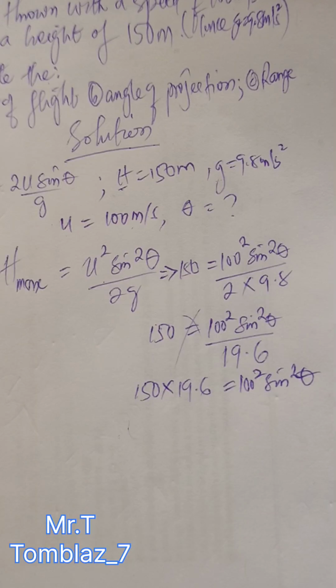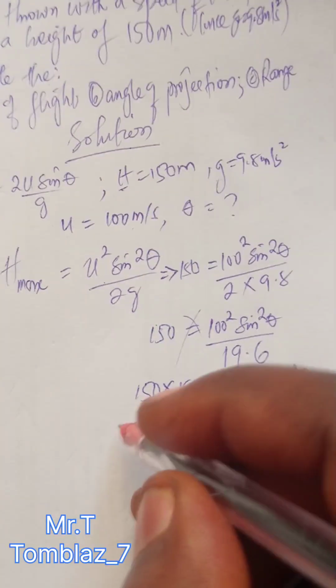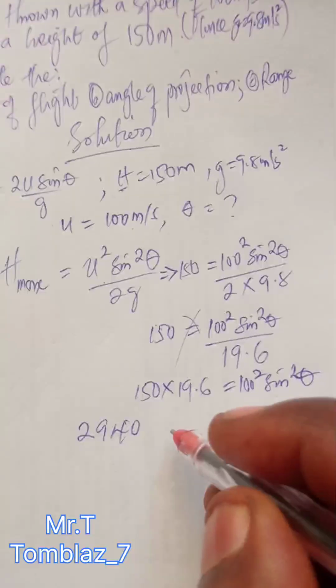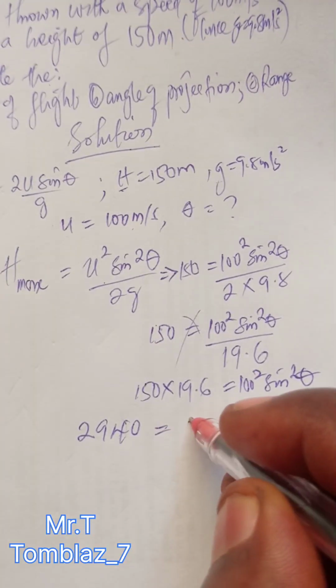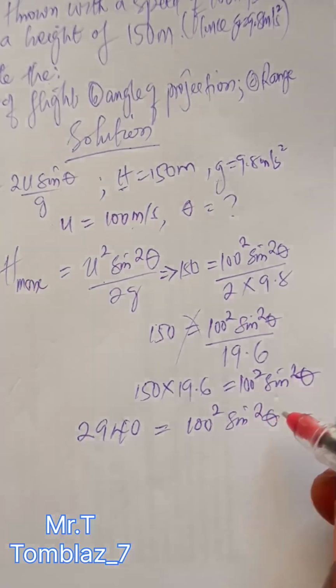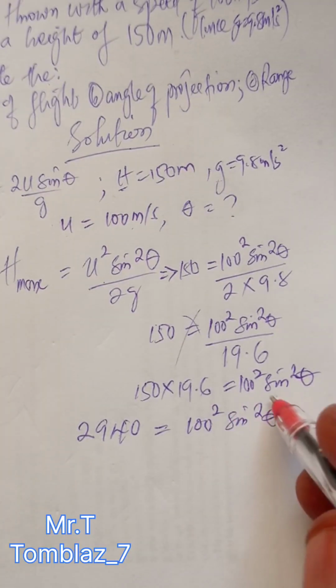Multiplying 150 by 19.6 gives 2940, which equals 100 squared sine squared theta.